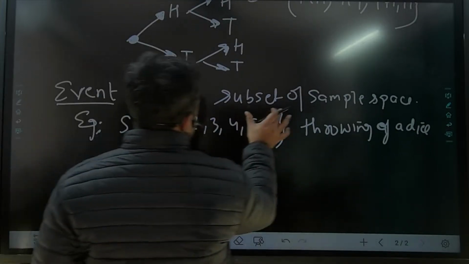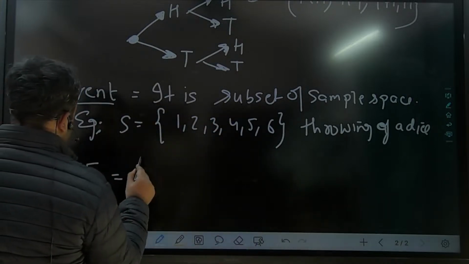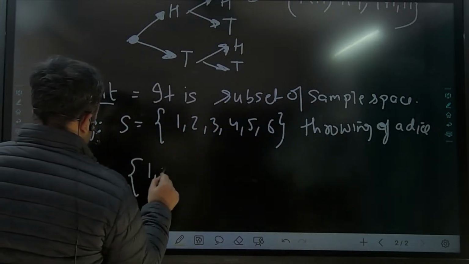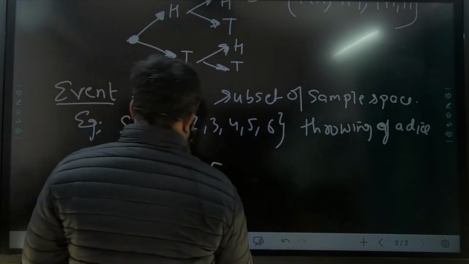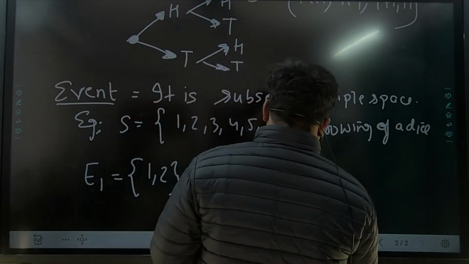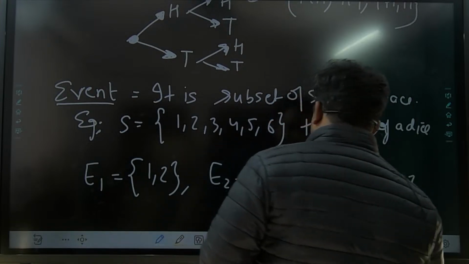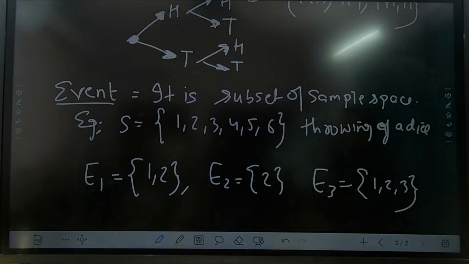Event is nothing but a subset of sample space. So first event 1, let's say it contains 1 and 2 only. Let's say event 2 contains only 2. Event 3 contains 1, 2 and 3 only. So many events I have created out of the main sample space.